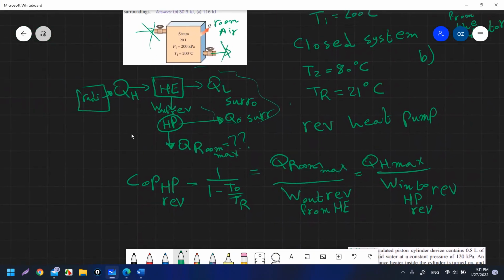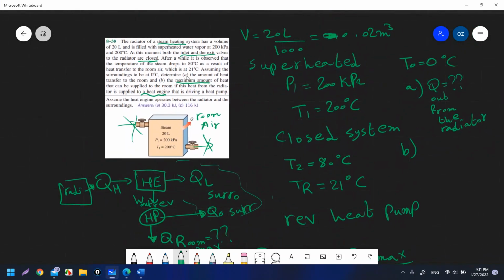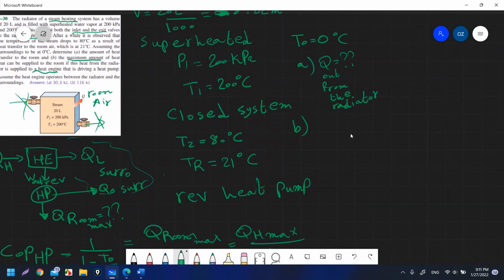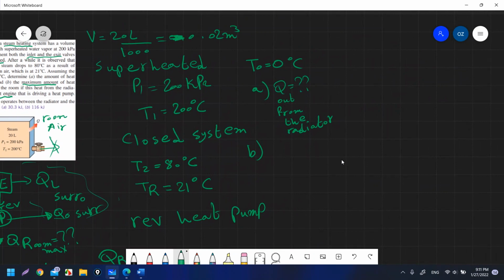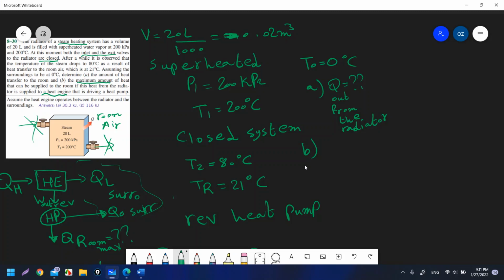And before this, I already want to find QH, which is Q out that he asked me in part A. How can I find Q out from the radiator? It is an engineering thermodynamics problem. You will make an energy balance around the radiator. So this Q out from the radiator.